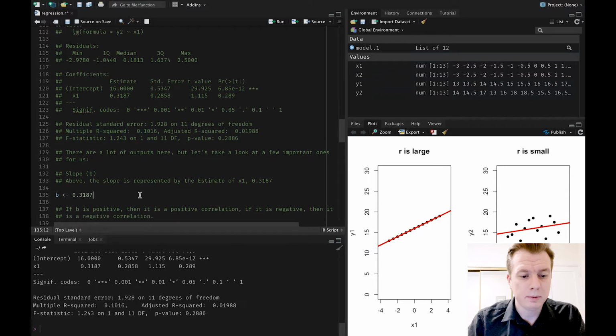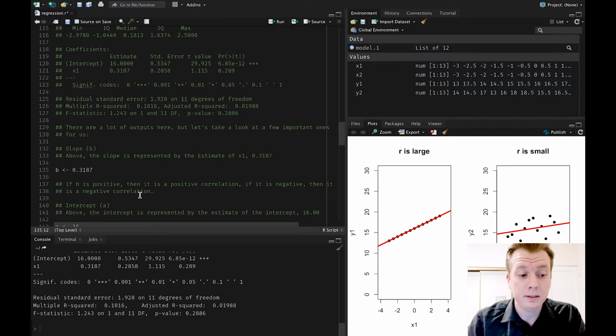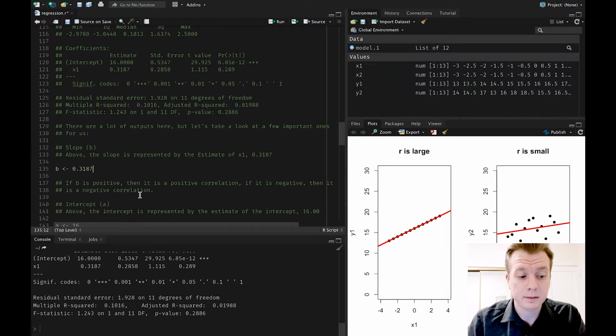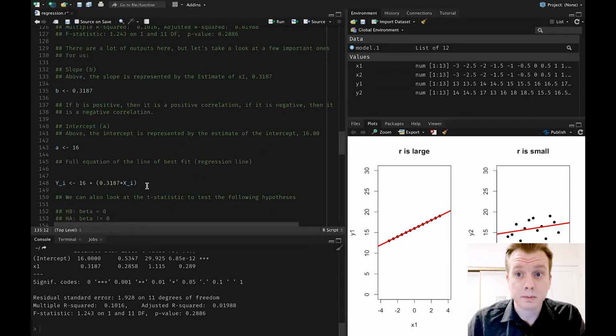Here I've written out the different parts that are important for you to review. Our slope, or b, is 0.3187. The intercept, or a, is that estimate 16. And we can write out the full linear equation as yi, there's some given y, equals 16 plus 0.3187 times some given x.